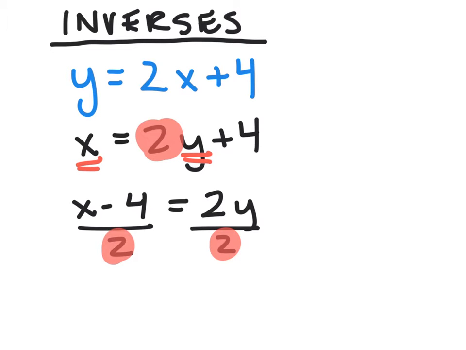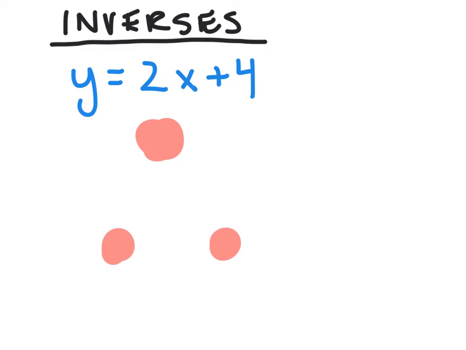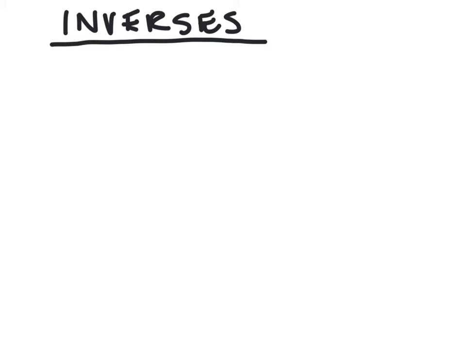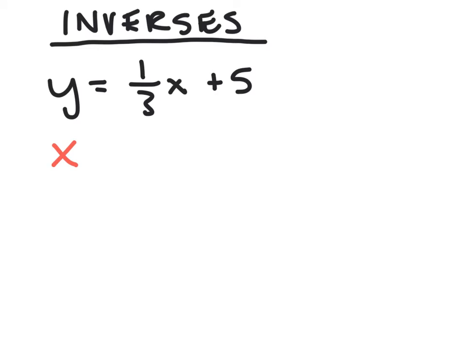Let me just erase some of this stuff and get us into a starting position. Let's start with y equals 1/3 x plus 5. So the inverse is the undoing of that. And the way you do that is first you reverse the variables. By reversing the variables, you are going to undo it as you solve.